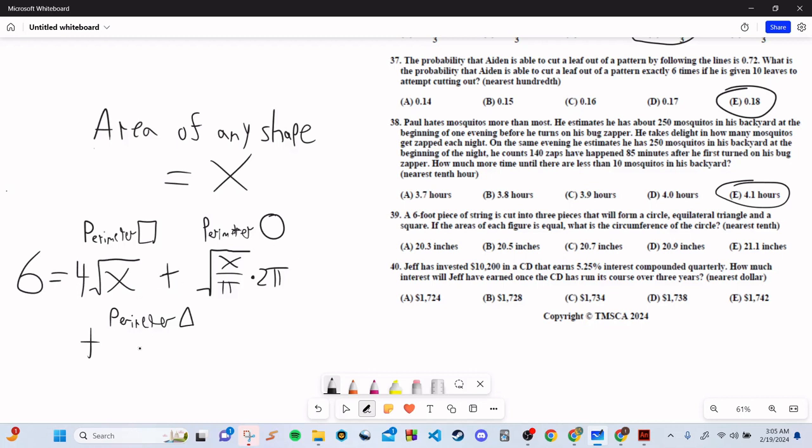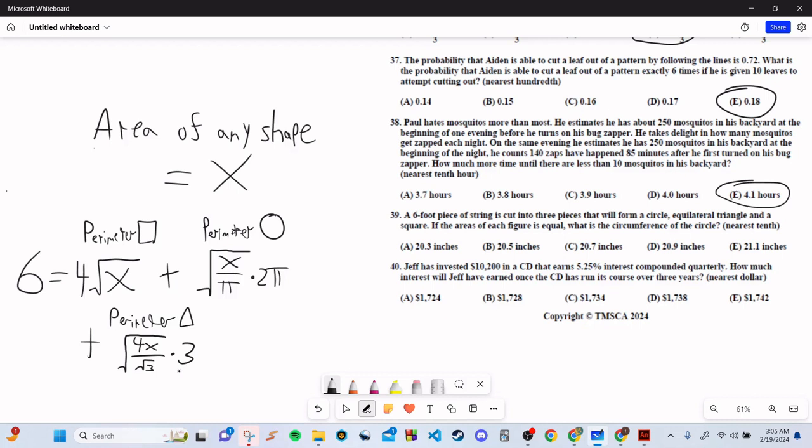So working backwards to get the side, it's going to be 4 times x over the square root of 3, and take the square root of that. And then I've got to multiply this value by 3. So like this. And so now I've got the perimeter expressions for all of these shapes.